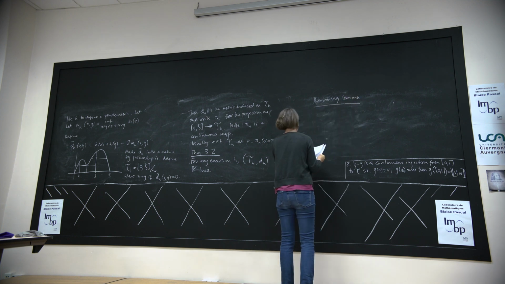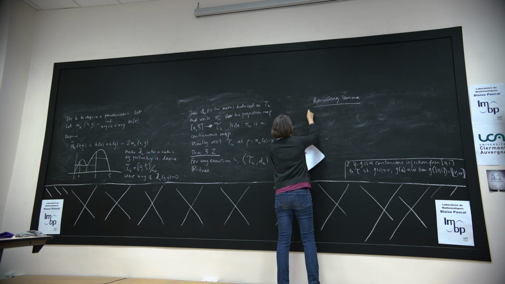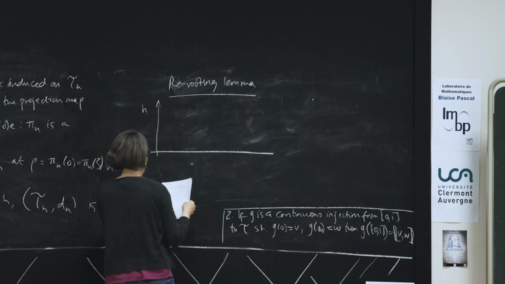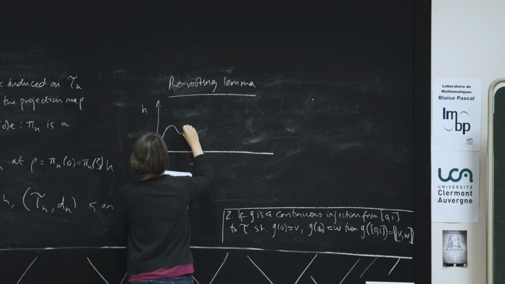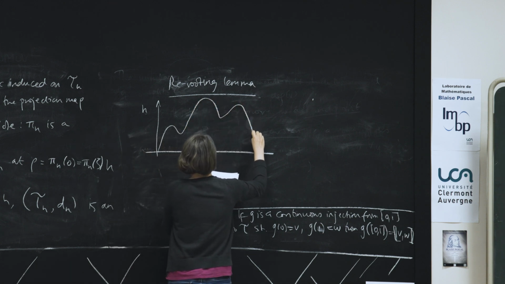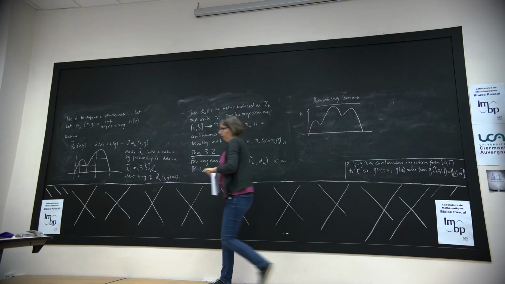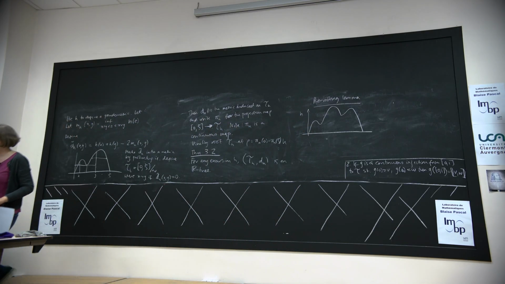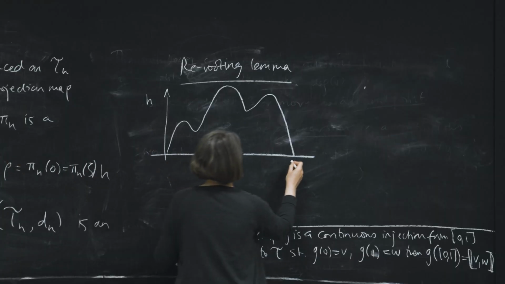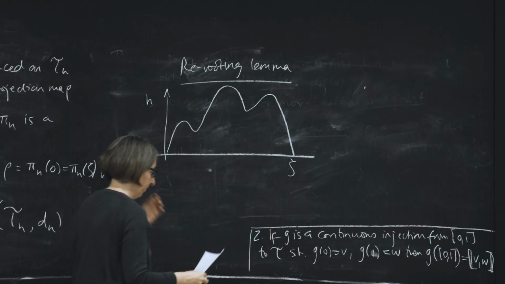Okay, so let me try and stick to the picture I've got in my notes. So this is my excursion h, and this is my zeta.